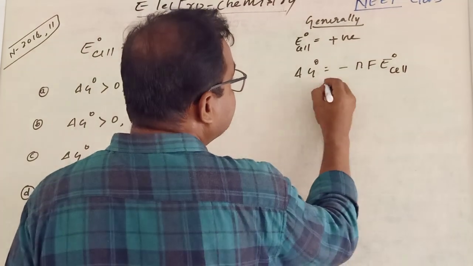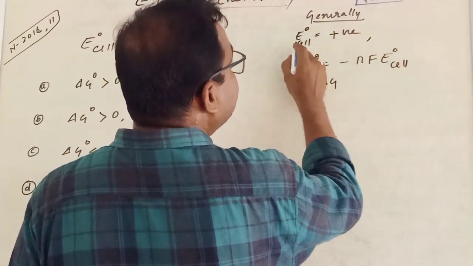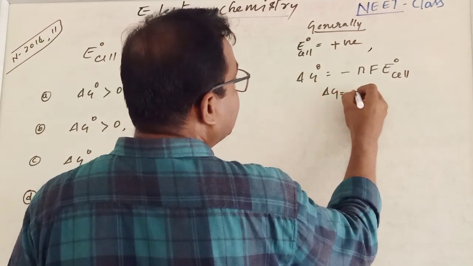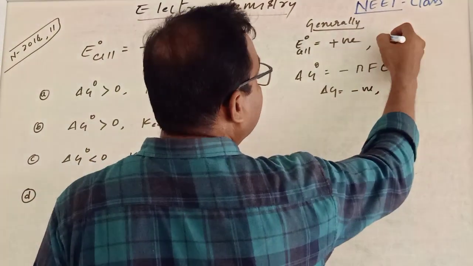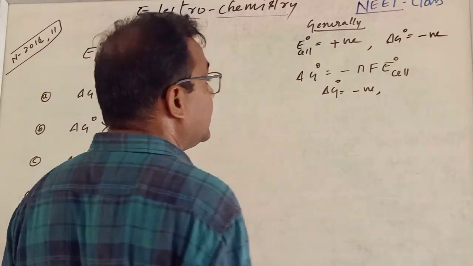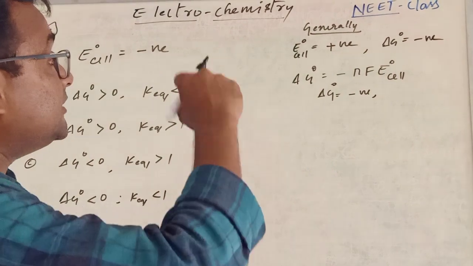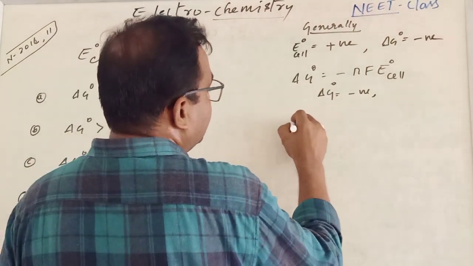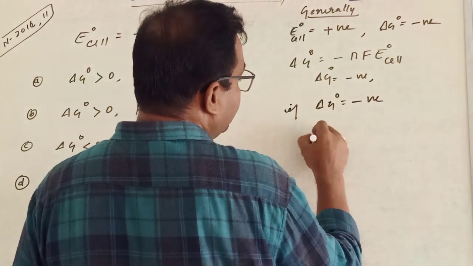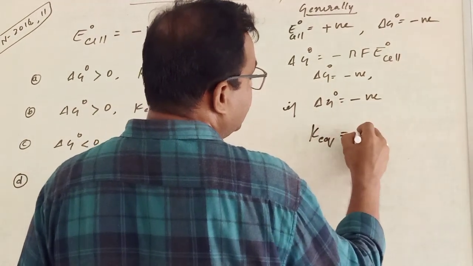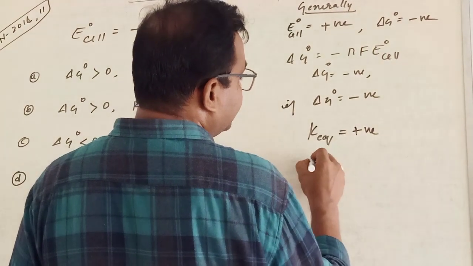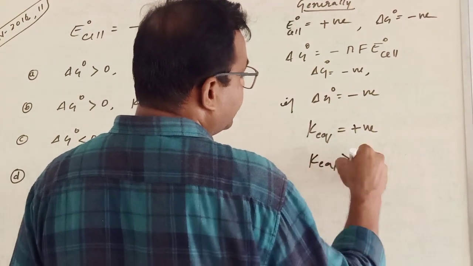That means if E naught is positive, then delta G naught must be negative. If delta G naught is negative, then equilibrium constant K must be positive, and more than 1.